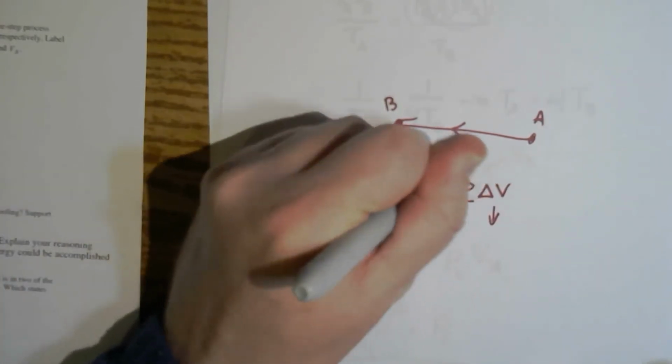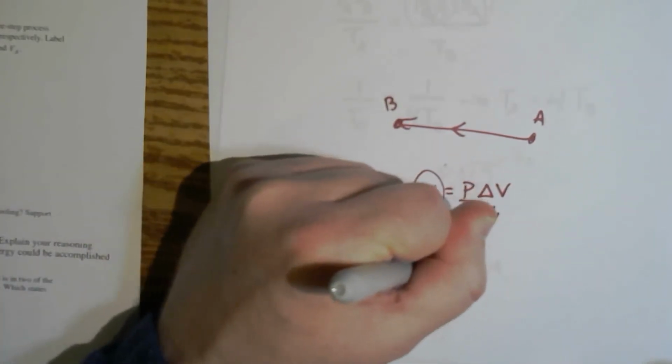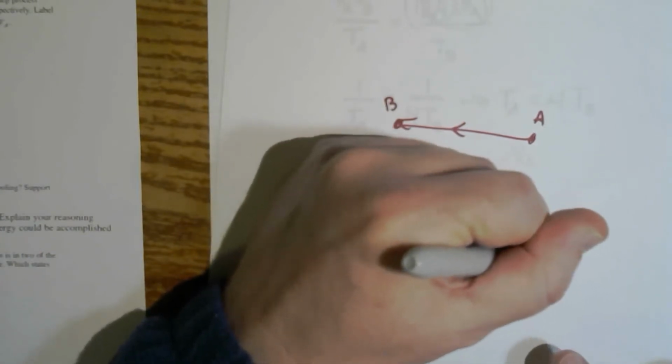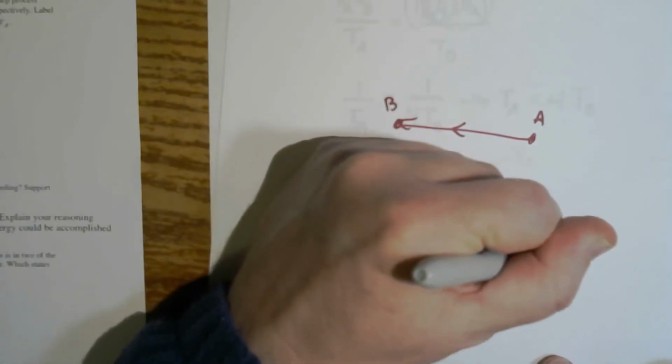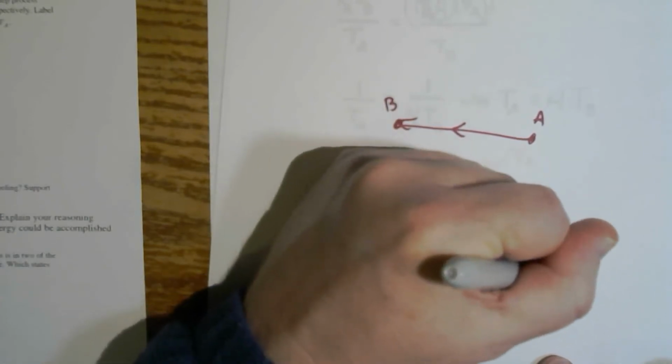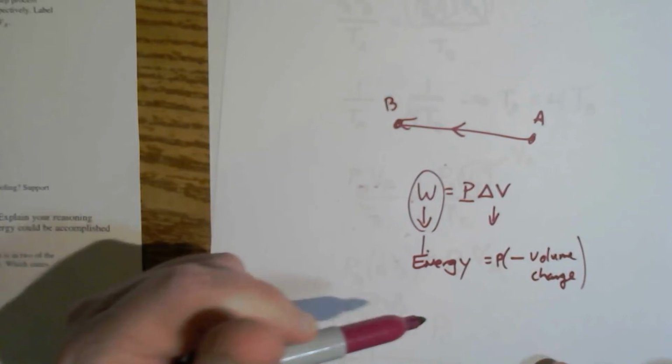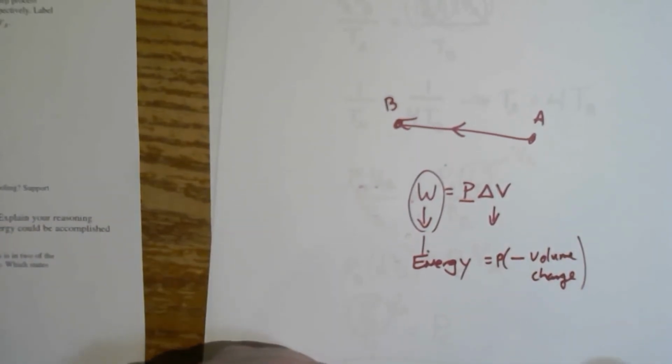And because work is an energy term, and this delta V is getting less than, in other words, it turns into a negative value, pressure times some negative volume change, it has to be concluded that the energy is being removed, right? And so you're doing that through cooling it off. You're just making that cooling.